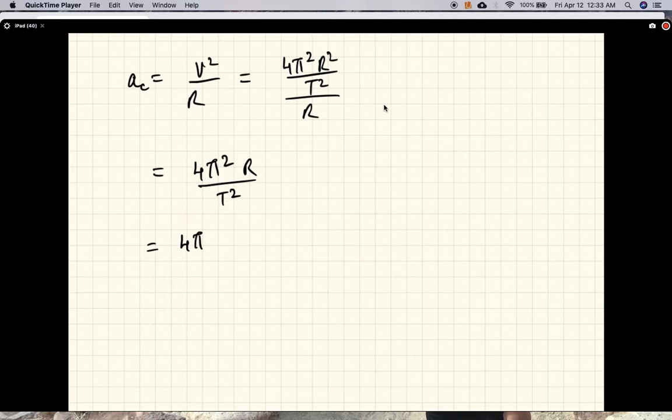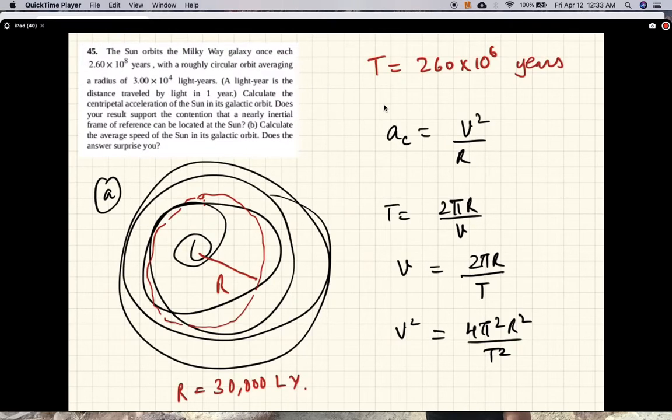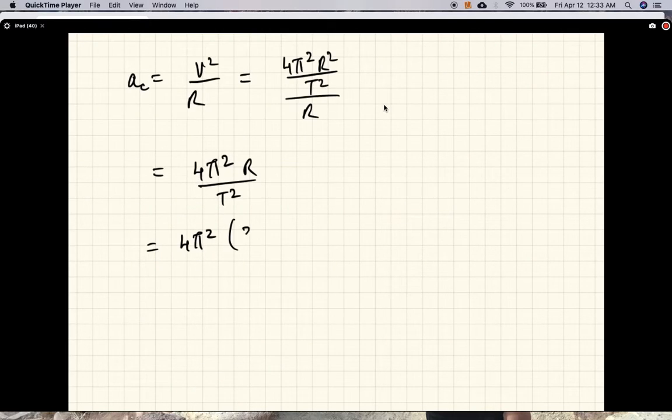4 pi squared, r is 30,000 light years, 3 times 10 to the power 4 light years. And in one of the previous problems, we calculated the light year in meters. Light year is 9.46 times 10 to the power 15 meters.